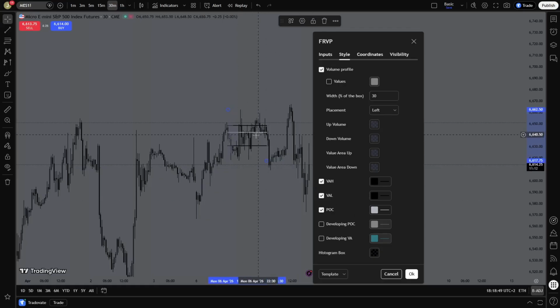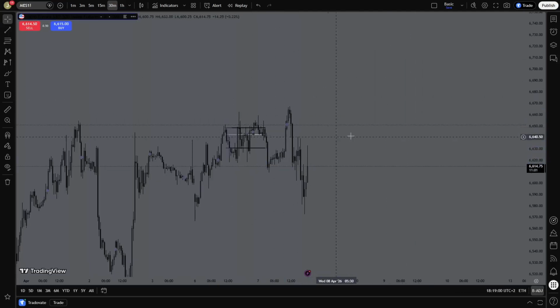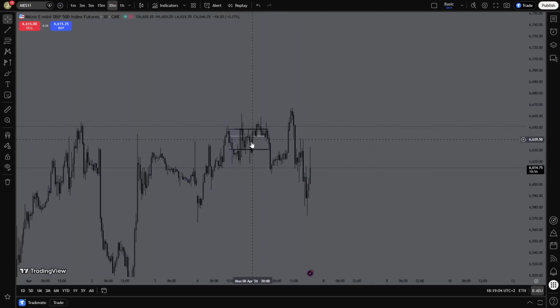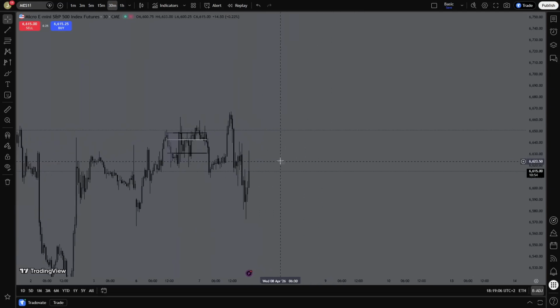POC, that's the point of control, and that is where the most volume was traded. So this is a zone that you know that buyers and sellers already agreed on in the past. So you know this could be a fair price for both of them.